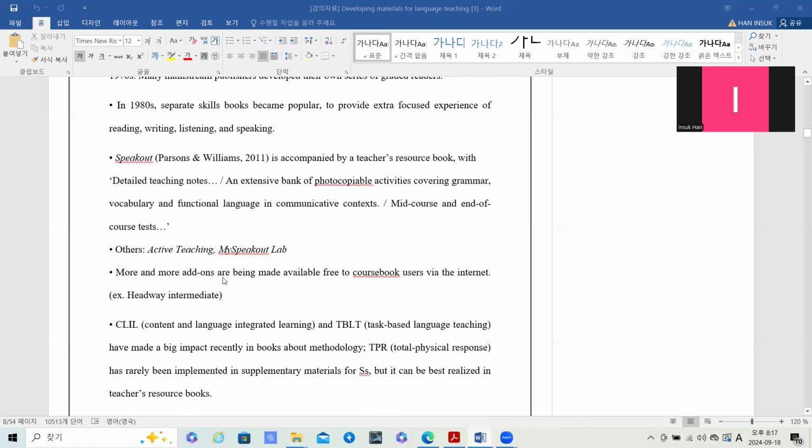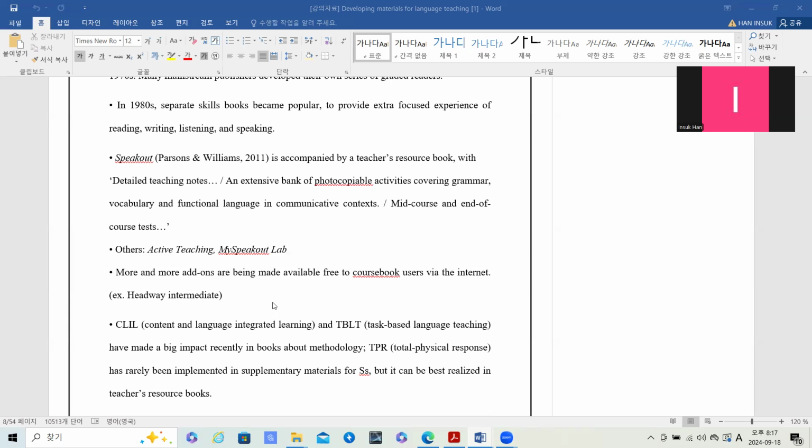More and more add-ons are being made available free to coursebook users via the internet, for example, Hathaway Intermediate. This means that if you search for the books on the internet, clicking on some sites, I mean the publisher's site, you can download or sometimes refer to some resource books or workbooks that support learning activities of these books.